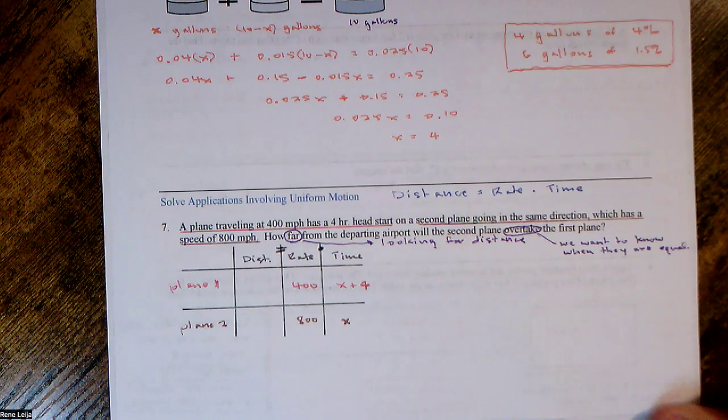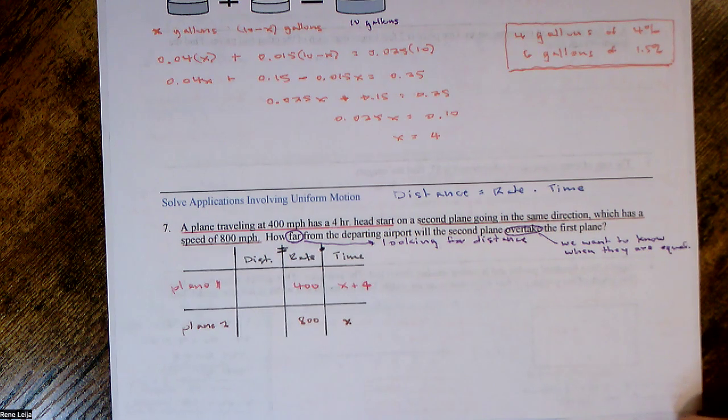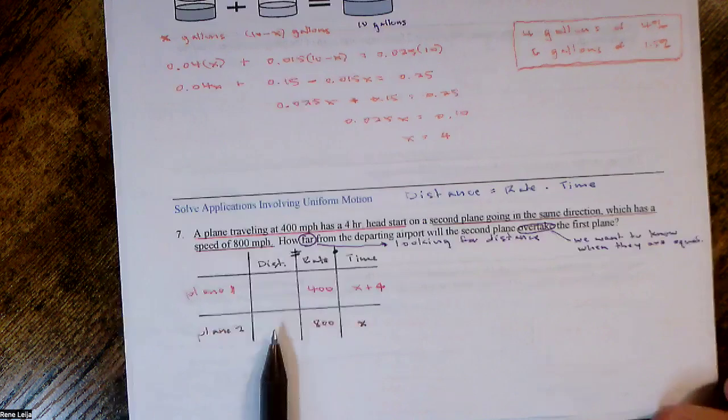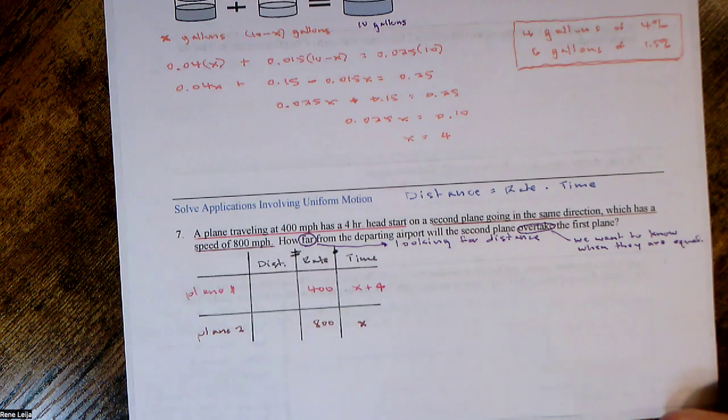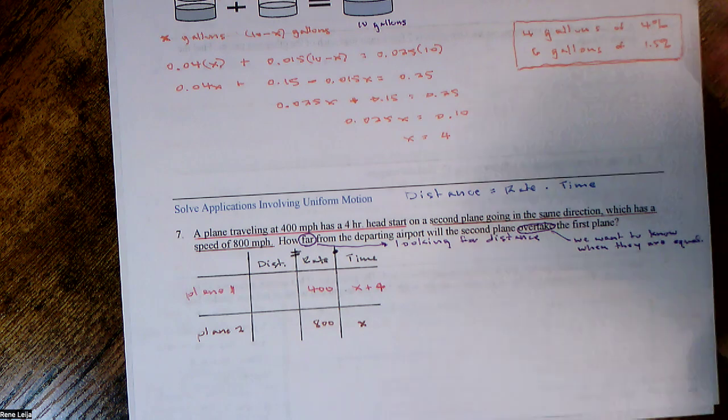Now, I have all the information from the problem, but I don't have anything to fill in here for distance. What I do know is the fact that plane one and plane two have to equal each other.